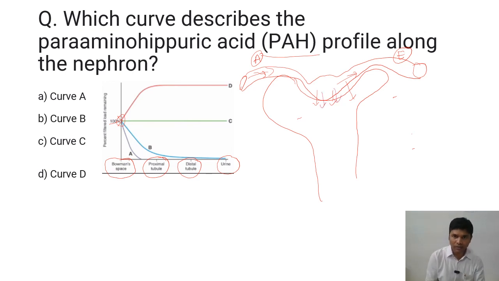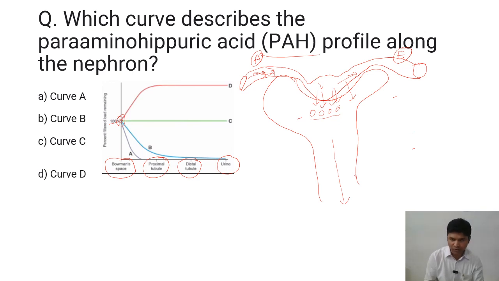Now let's come back to the graph. Suppose this is a substance coming from the blood, filtered here, and this substance is freely filterable. It reached here. So the substance can go directly to the urine through all parts of the nephron.